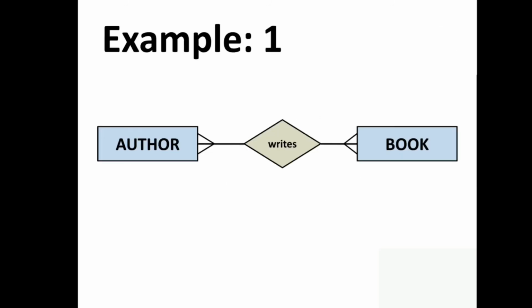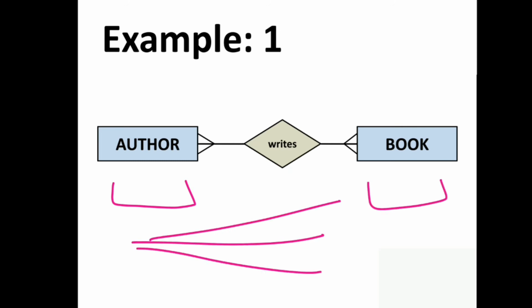For example, many authors can write a book, right? Many authors can write a book. And many books can also be written by the same author.